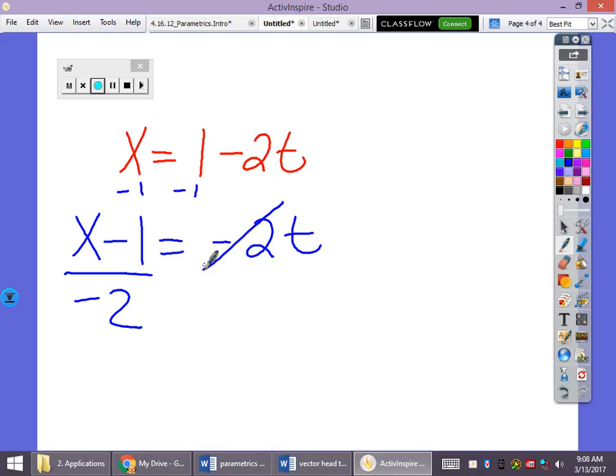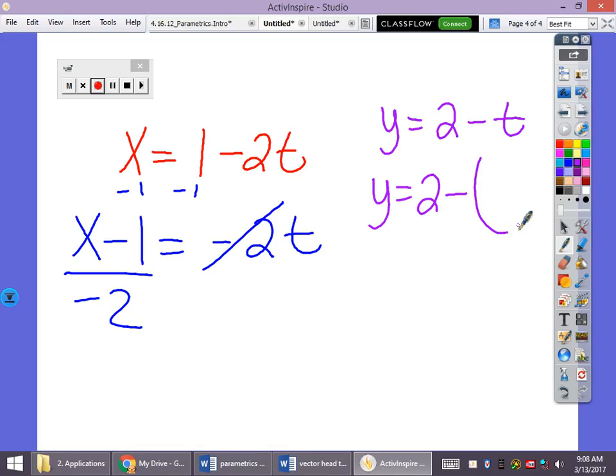All right, what was the second equation? Y equals 2 minus t. So I'm going to write y equals 2 minus what? What am I going to put there?